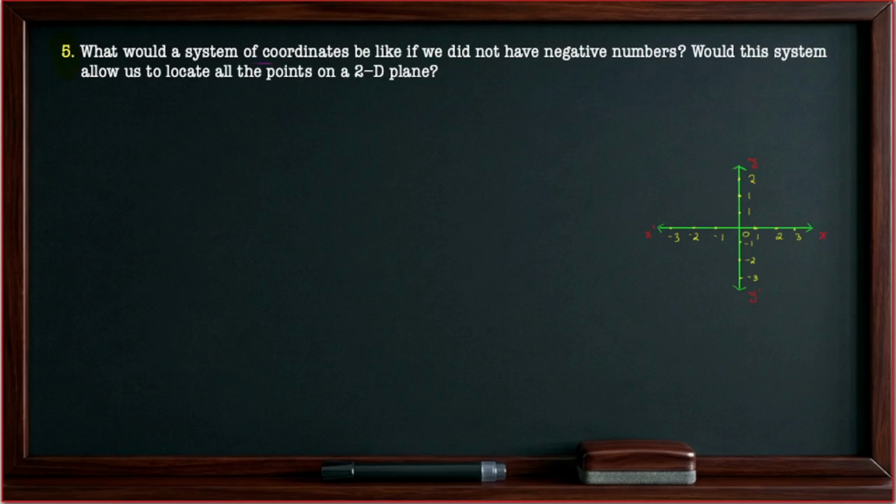What would a system of coordinates be like if we did not have negative numbers? Would the system allow us to locate all the points on a 2D plane? Imagine a coordinate plane without negative numbers. So if I draw a coordinate plane without negative numbers, see the coordinate plane here, this is the x-axis, this is the y-axis.